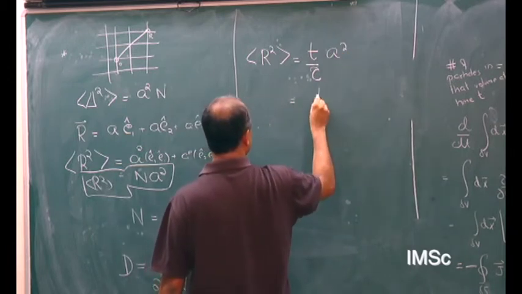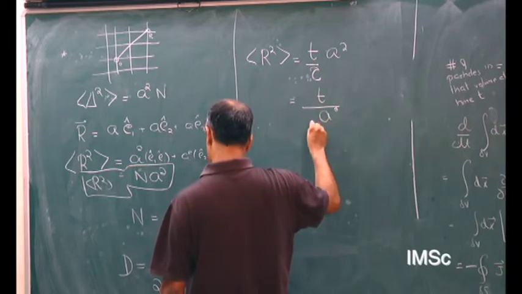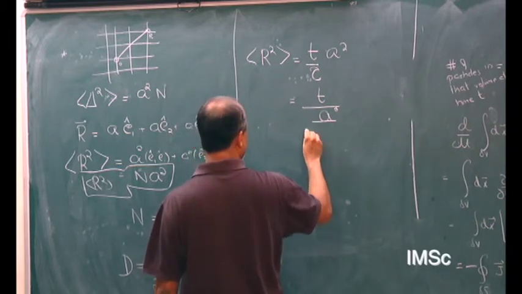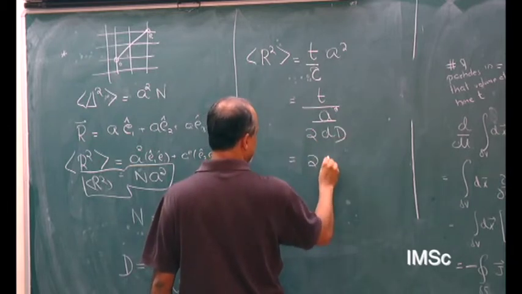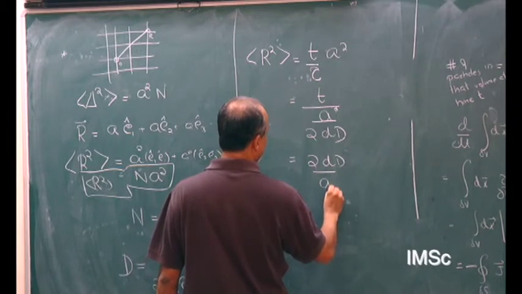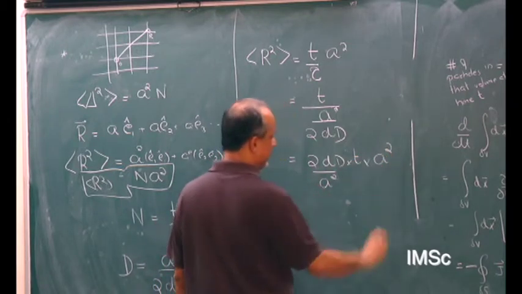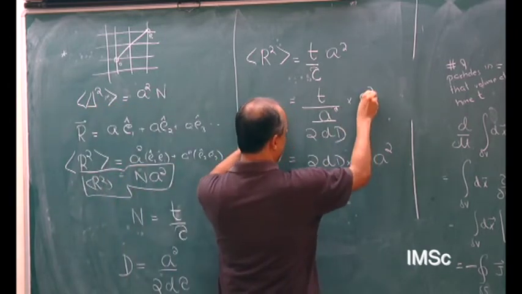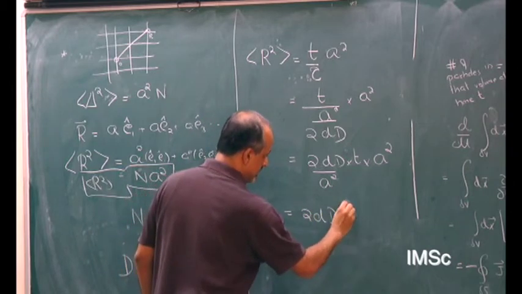And tau is a squared divided by 2dD, right? Which is twice d D divided by a squared, times t, times a squared again. So this is 2dDt.